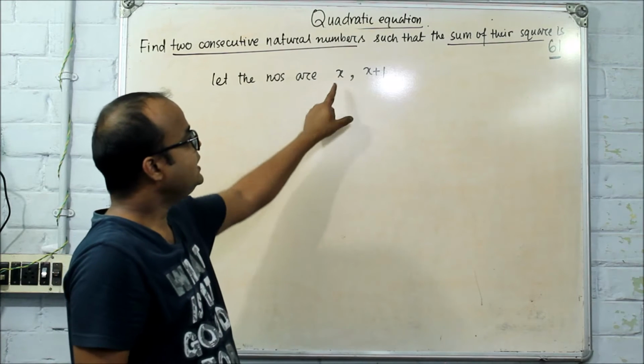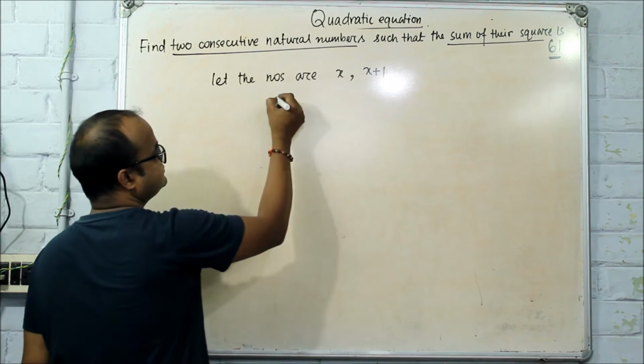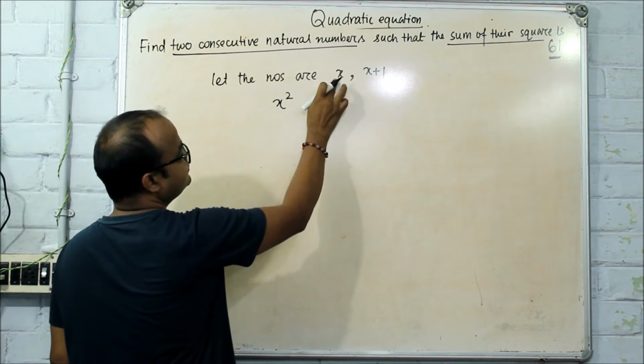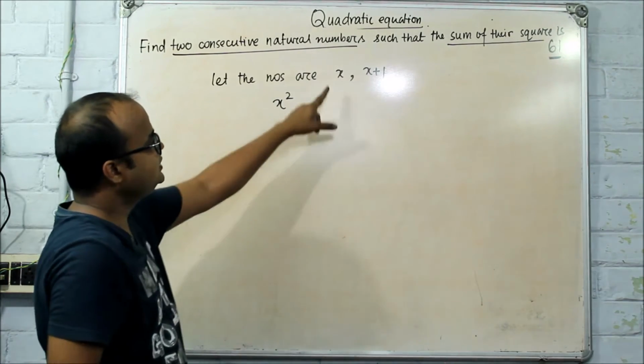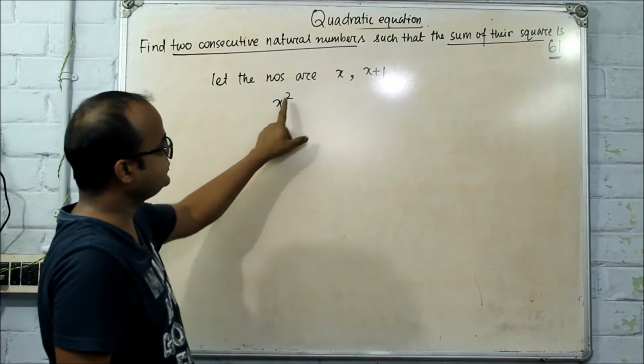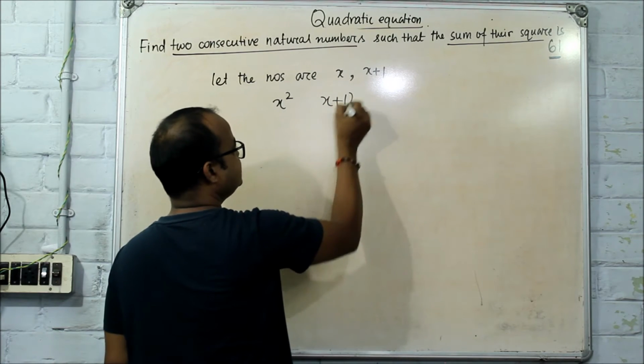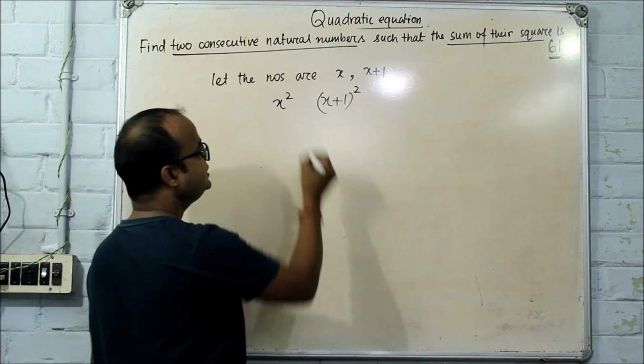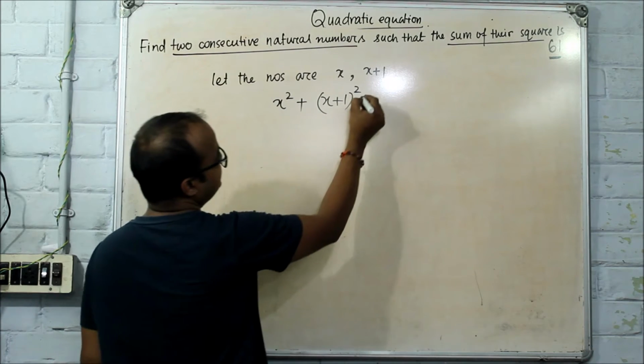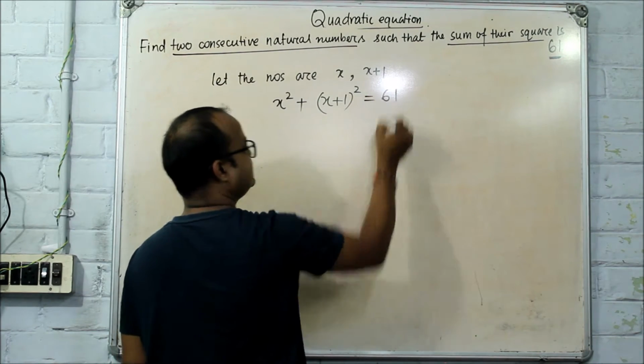That means x square, sum of their squares. So the square of x is x square and the square of x plus 1 is x plus 1 whole square. Sum of their squares is equal to 61.